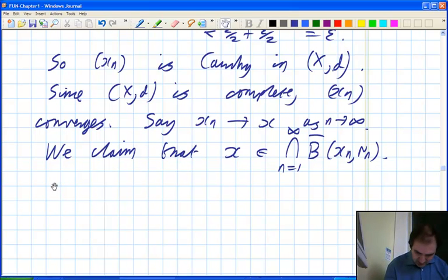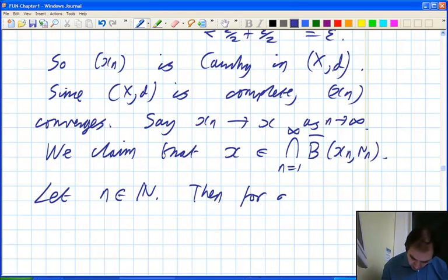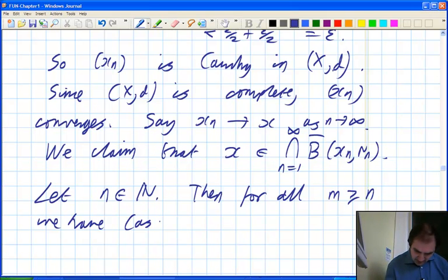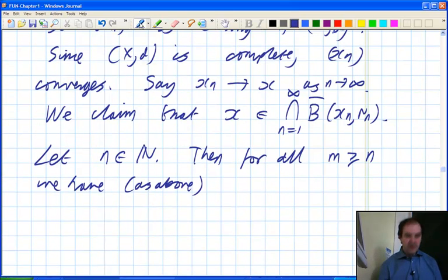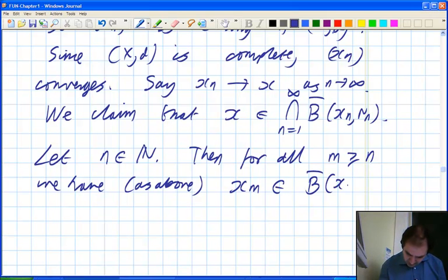So let n be a natural number, then for all m greater or equal to little n, we have, just as above, that xm is in the relevant closed ball. So xm is in the closed ball centred on xn, radius Rn.